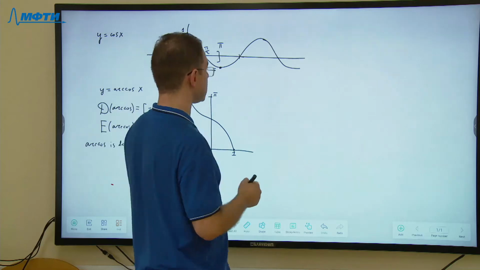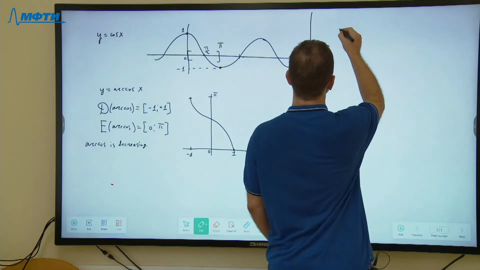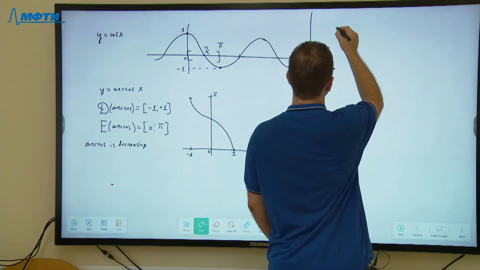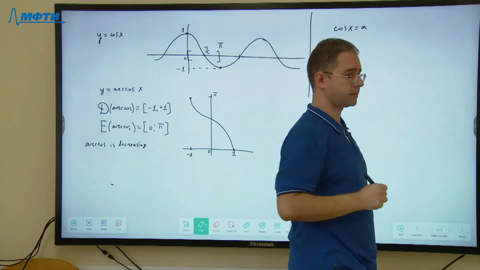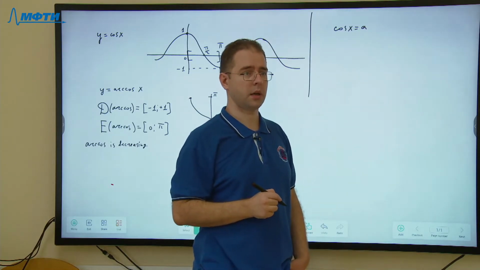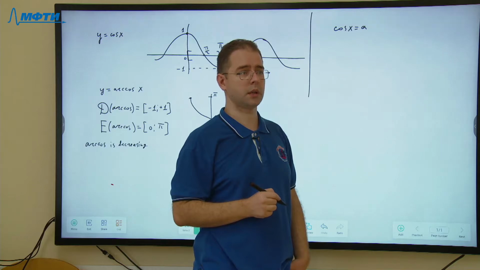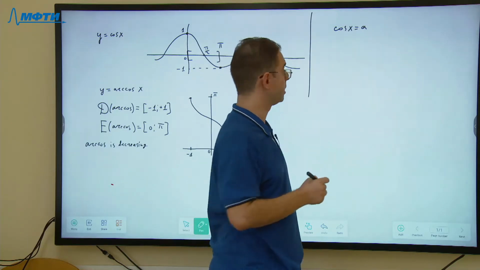So I want now to solve an equation cosine x equals a. We already discussed that this equation only has solutions when absolute value of a is less or equal than 1.